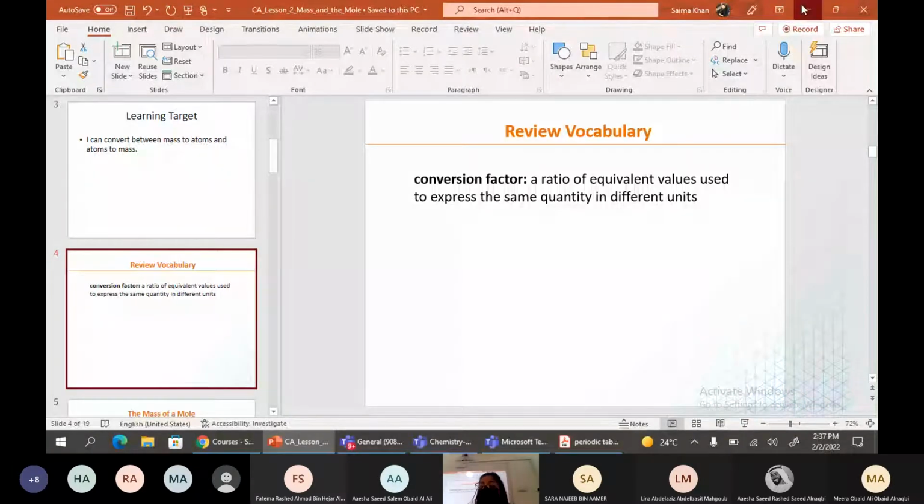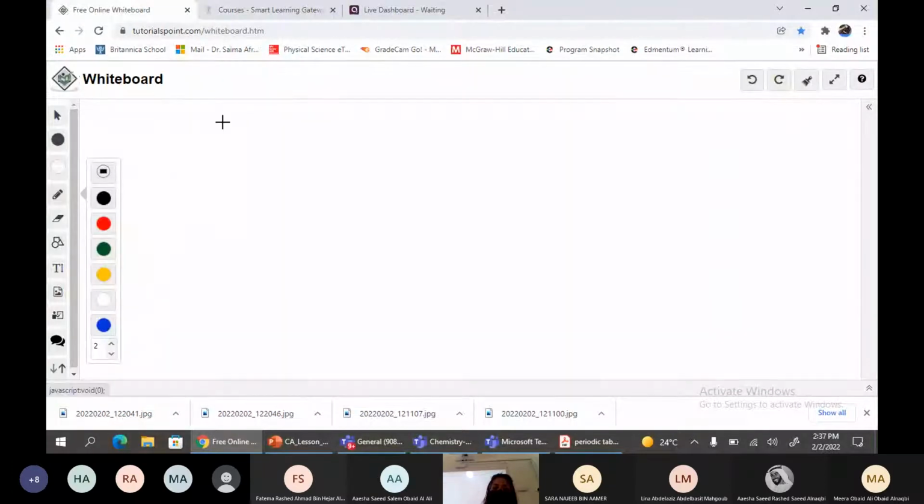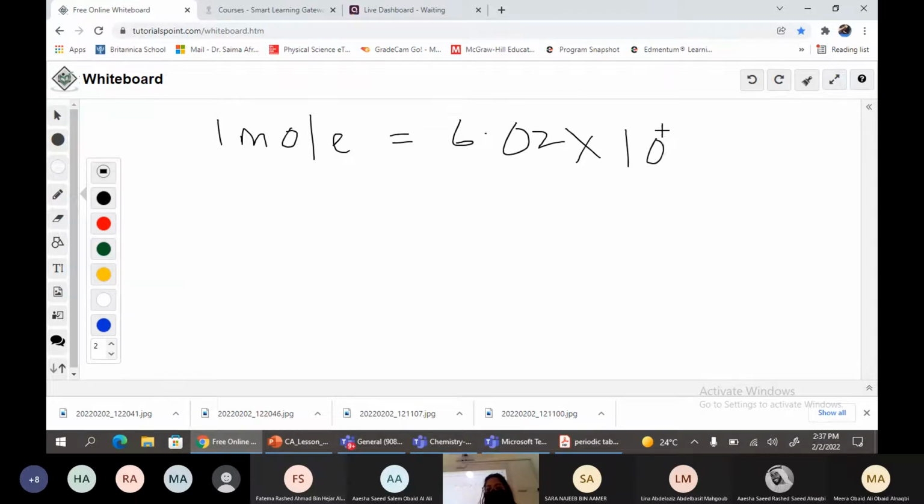But today we will be learning how we can convert from mass to atoms. If you remember just now, also in the statement we said that 1 mole of anything is equal to 6.02 into the power of 23 atoms.